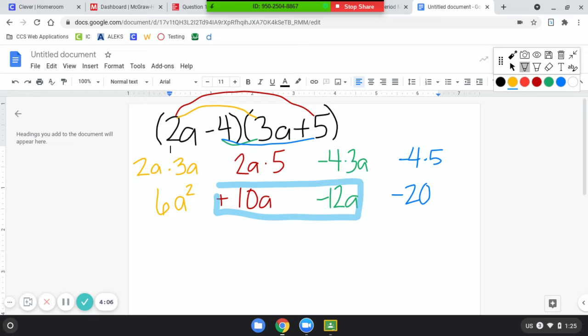So together, positive 10 and negative 12 will be negative 2a. And then I bring down the rest of the polynomial. So that is my answer. So when I multiply those two, it is equal to 6a squared minus 2a minus 20.